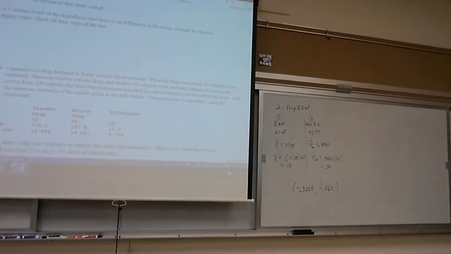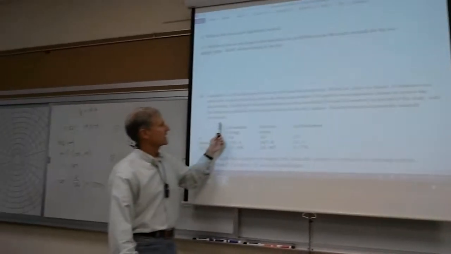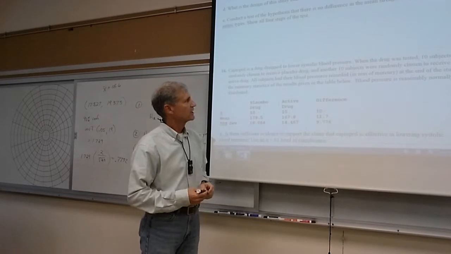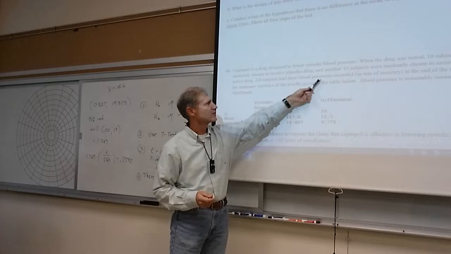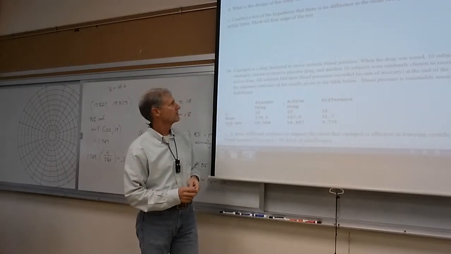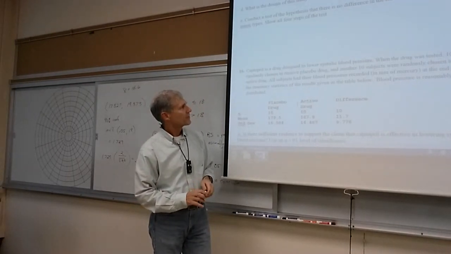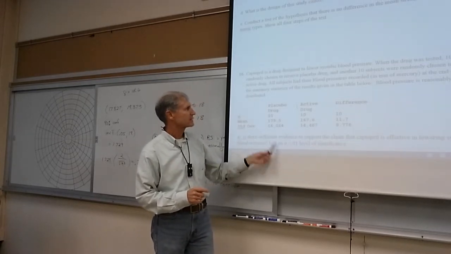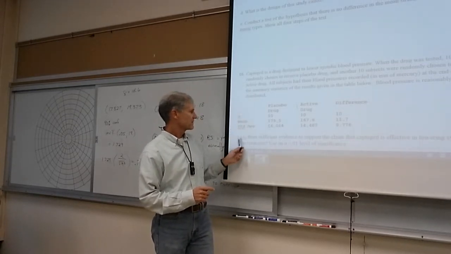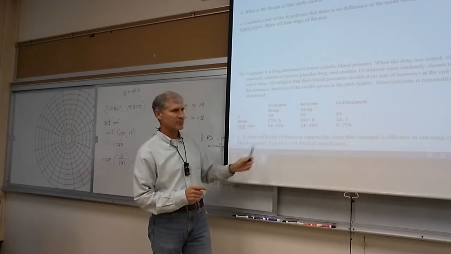16 says, captopril is a drug designed to lower systolic blood pressure. When the drug was tested, 10 subjects were randomly chosen to receive placebo, and another 10 were randomly chosen to receive active drug. All right, and then we're supposed to do a hypothesis test to see if it's effective in lowering blood pressure.